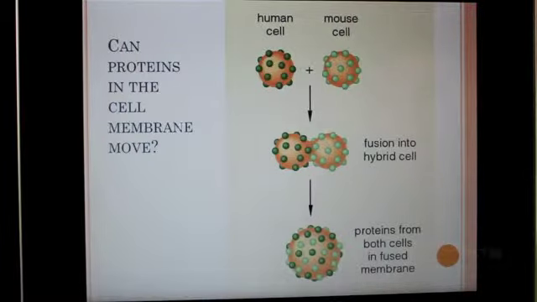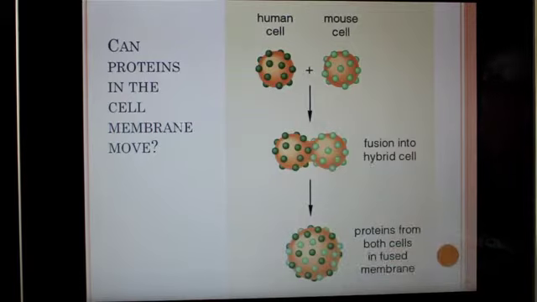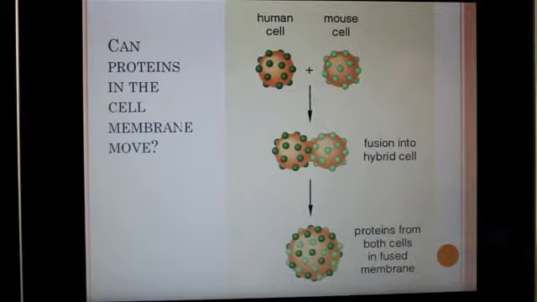So the next question was, can proteins in the cell membrane move? Well, one way that scientists figured this out, and I think this is kind of neat, they actually took a human cell and a mouse cell, and they forced them to fuse into a hybrid cell. Now, mouse cells have certain proteins in the membrane, and humans have different ones.